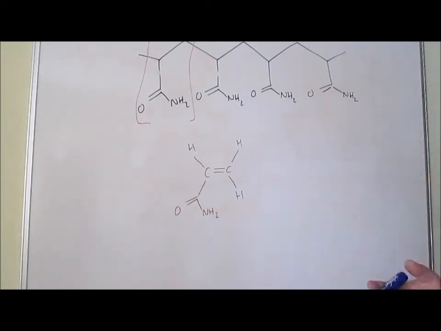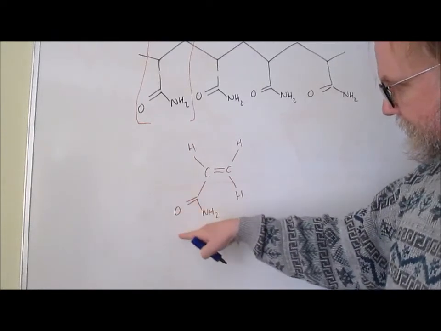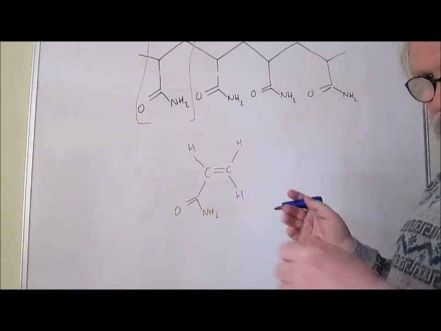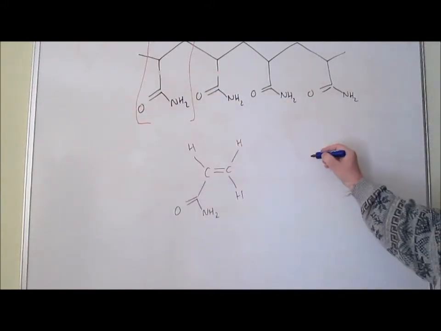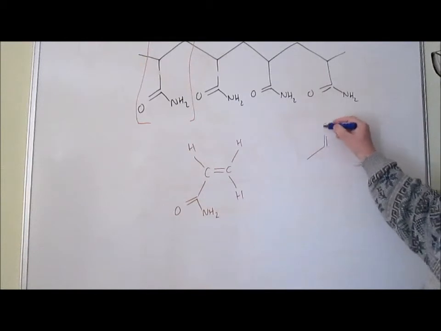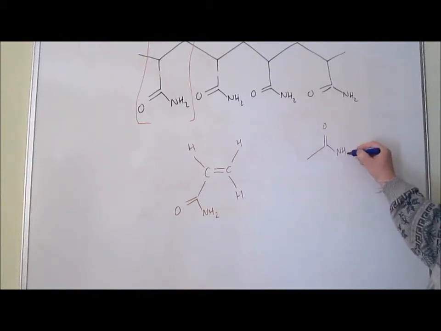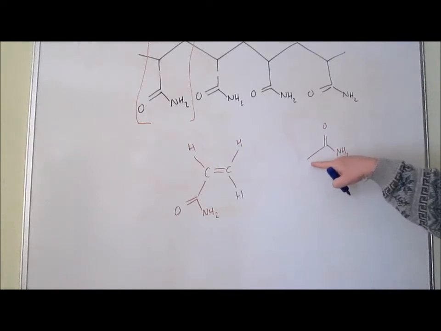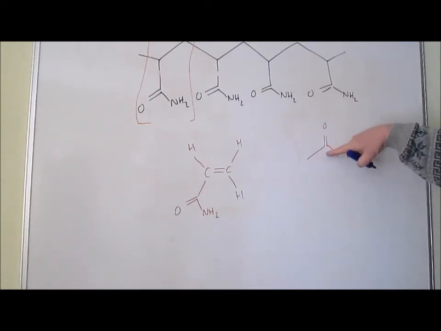Acrylamide is not a proper systematic name, so we need to try and name that. So compounds which are primary amides like that just have names ending in amide. So for example, if we had that, that would be ethanamide, because you've got 2 carbons, one of which forms part of the amide group.